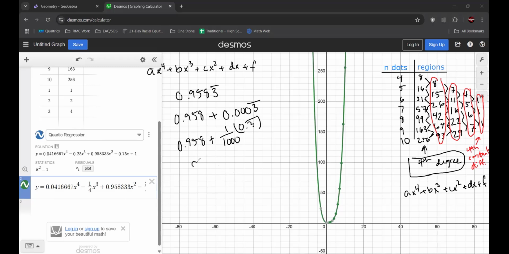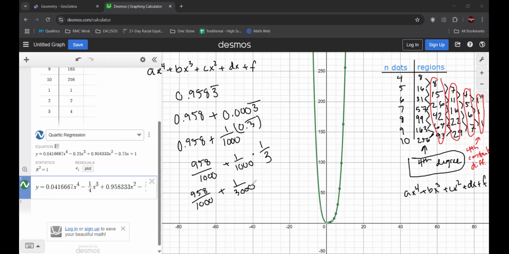So this is 958 over 1,000. That's 958 thousandths is what that decimal is. And then we have our 1 over 1,000 times 0.3 repeating, which is the same thing as 1/3. So we have 958 over 1,000 plus 1 over 3,000.